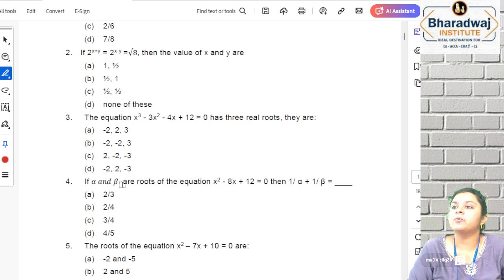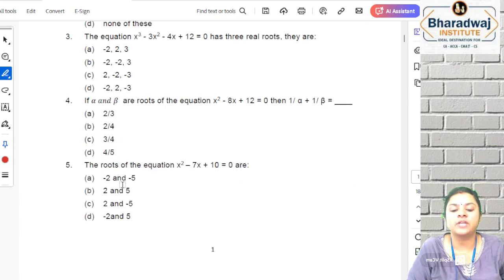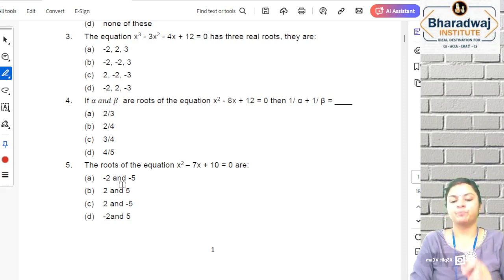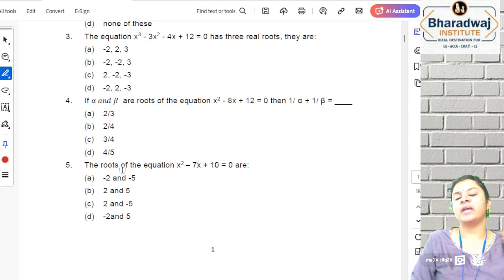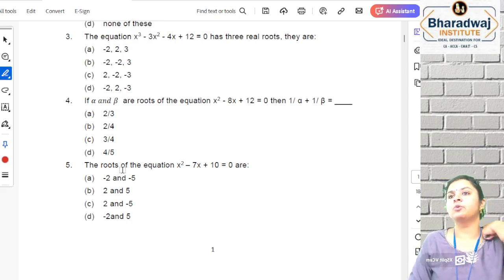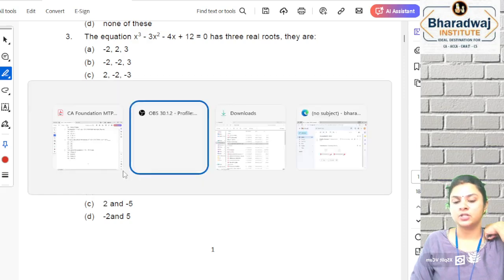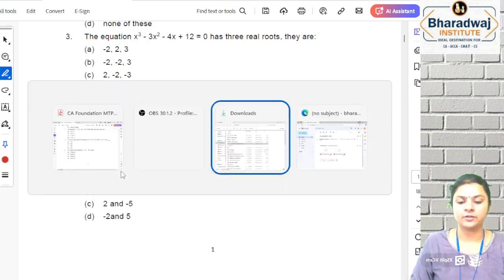Fourth one. Alpha and beta are the roots of the equation x square minus 8x plus 12 equals 0. Then 1 by alpha plus 1 by beta is. For a quadratic equation, we know the rule of sum of the roots and product of the roots.